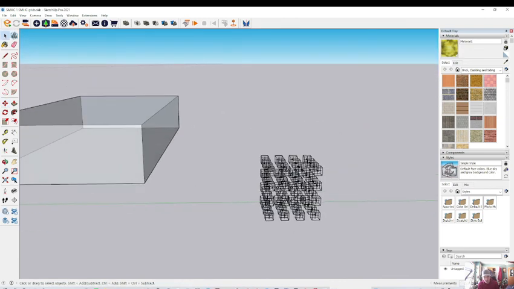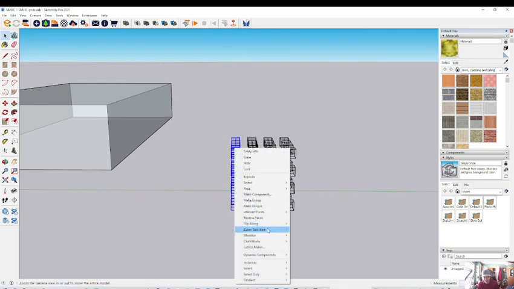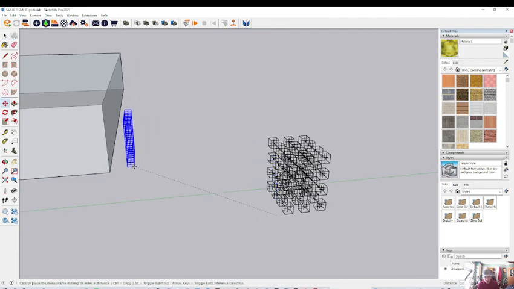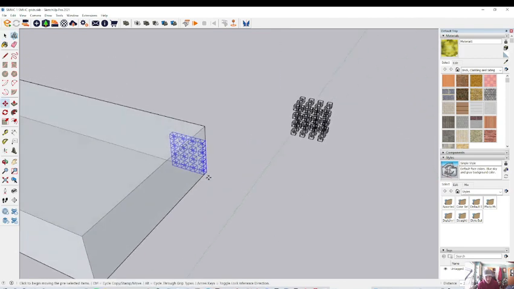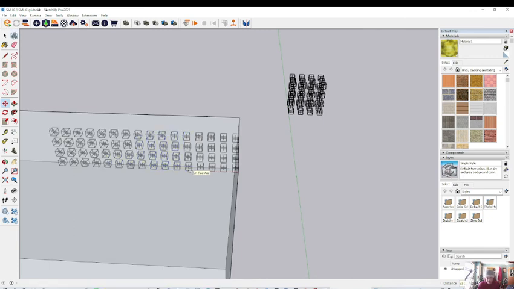So here, maybe I don't need to have these four, so I'll go here and just take one slice like this. I'm going to make a group with it. And then I can utilize this here. And then I'm going to copy it to 8 feet. I'm going to go x3.